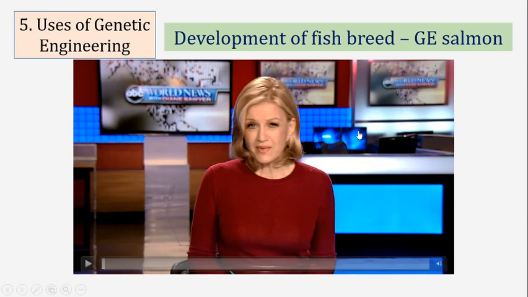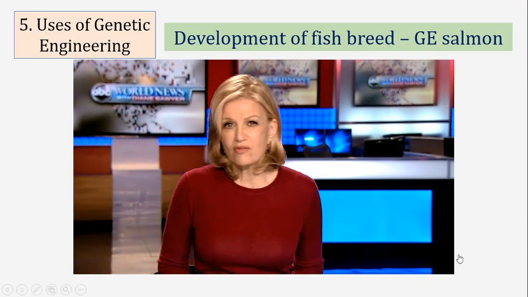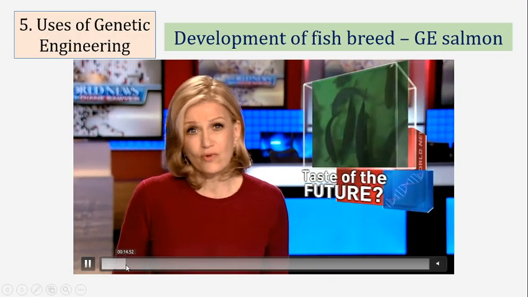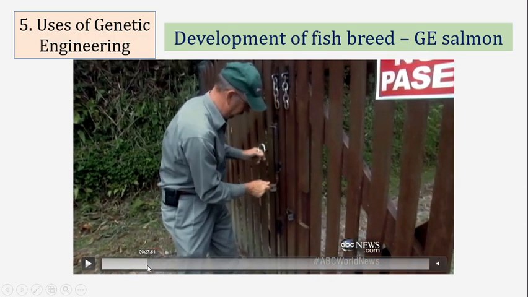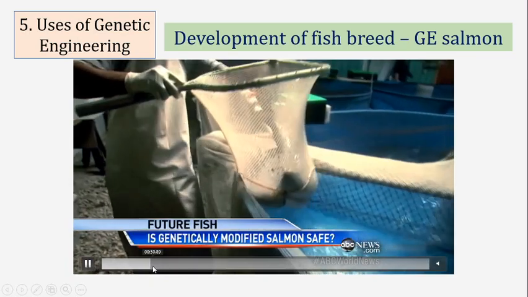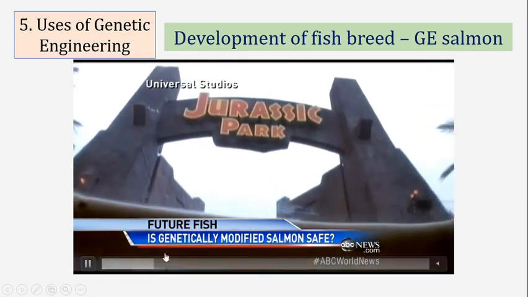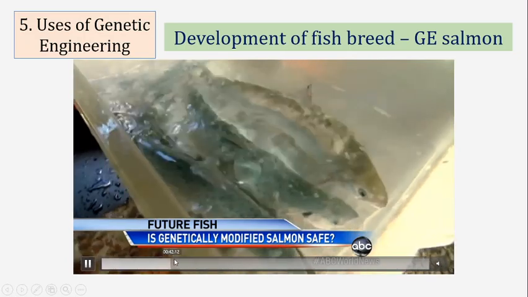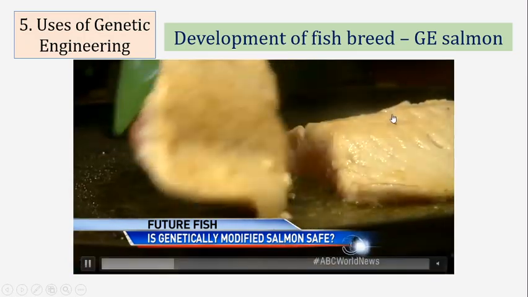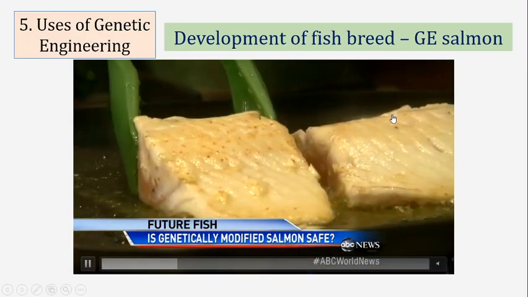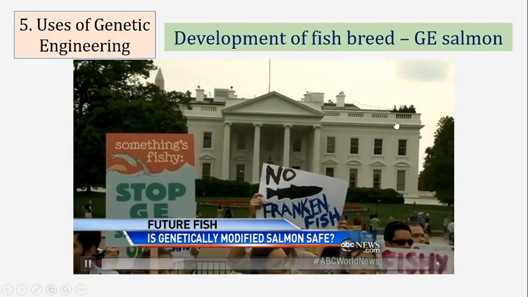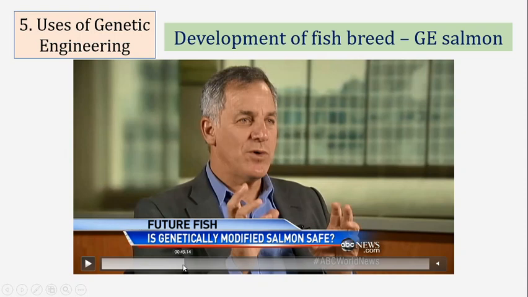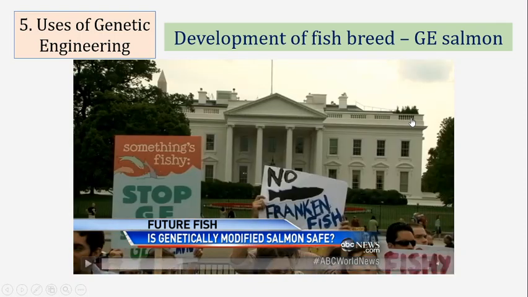So here you see the video. There is a TV report about the genetically engineered salmon fishes. But there are some environmentalists who are opposing these genetically engineered salmon fishes.